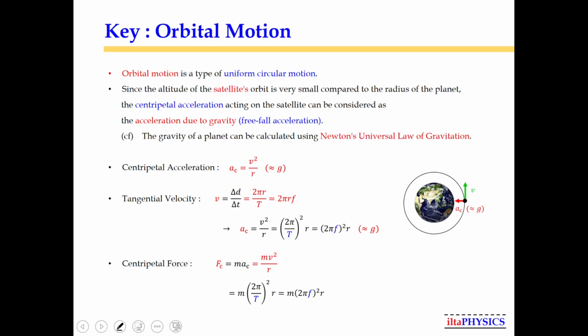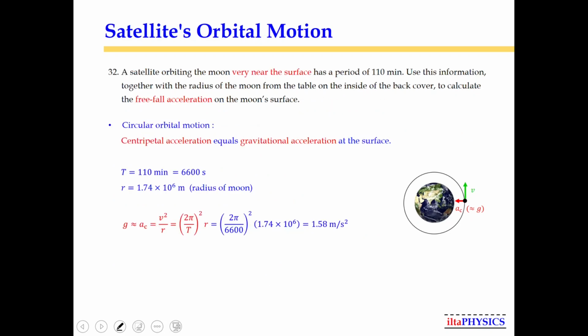Now, let's solve some basic problems on orbital motion. Problem 32 is about the motion of a satellite orbiting the moon. It says the period for this satellite to complete one orbit around the moon is 110 minutes. It asks what the gravitational acceleration on the moon is if we know the radius of the moon.